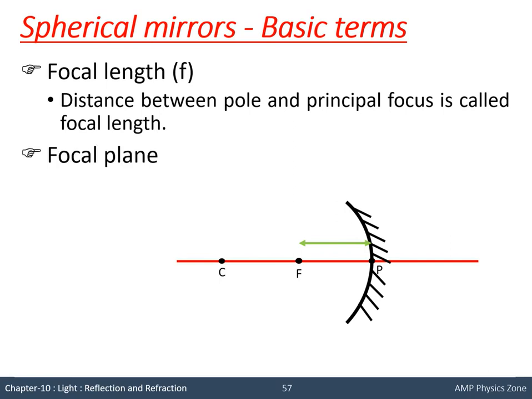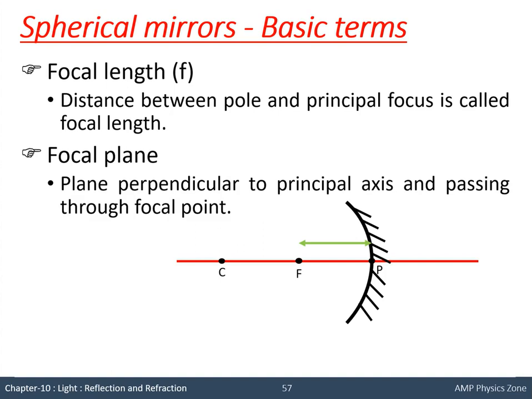Focal plane, this is extra. The focal plane is a plane perpendicular to the principal axis and passing through the principal focus. If I draw a plane perpendicular to the principal axis and passing through the focus, this plane should be at 90 degrees with the principal axis.